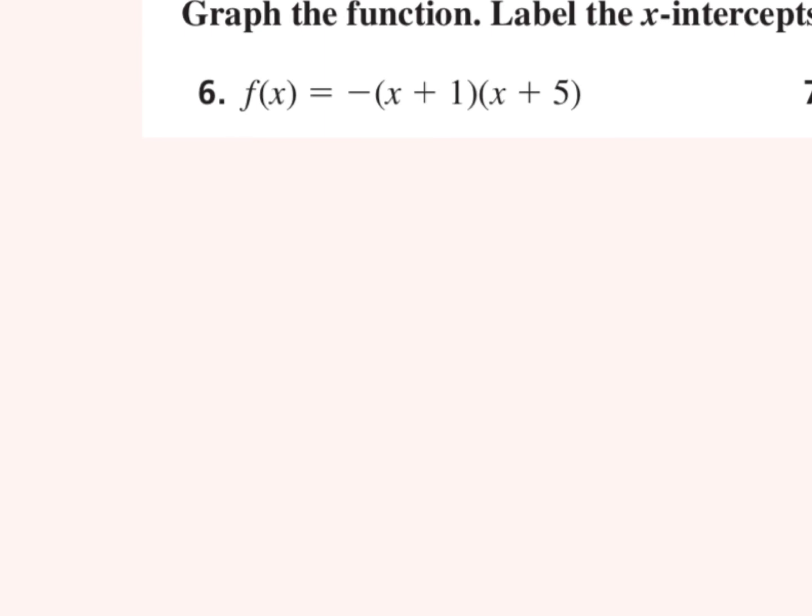So it's in intercept form, so how can I find my x-intercepts? Set them equal to 0. So x plus 1 is equal to 0, and x plus 5 is equal to 0. So x is equal to negative 1 and negative 5. So those are my x-intercepts.